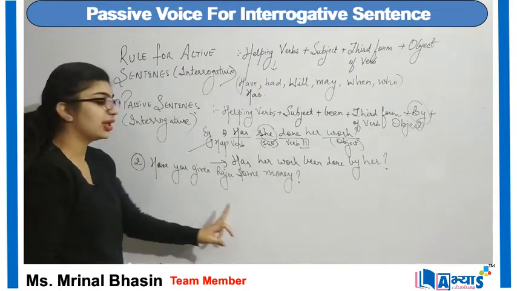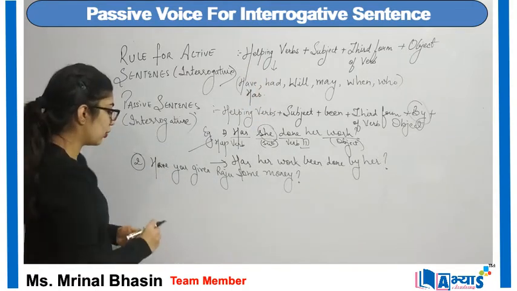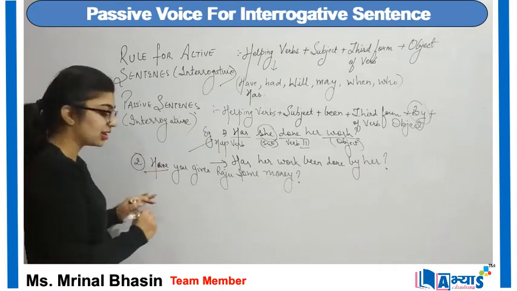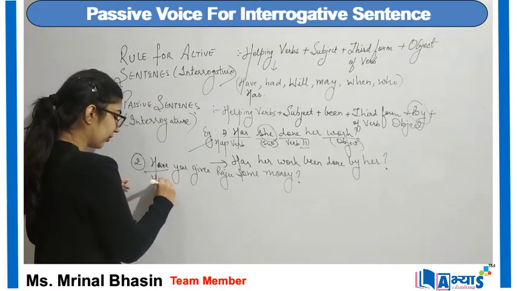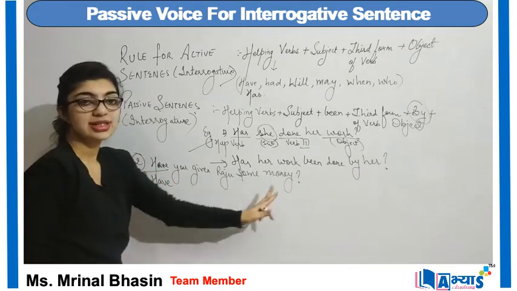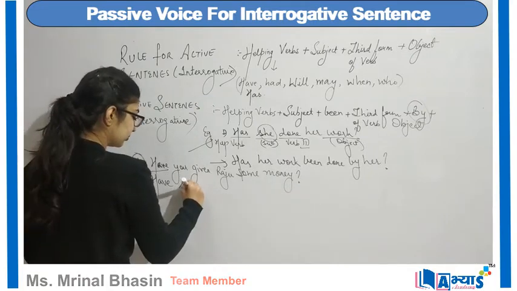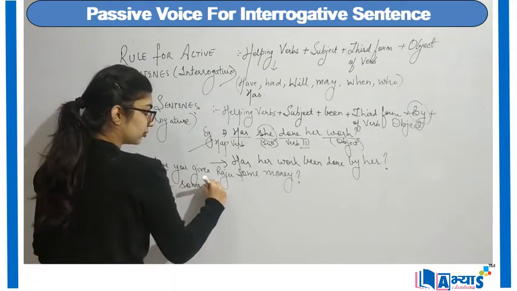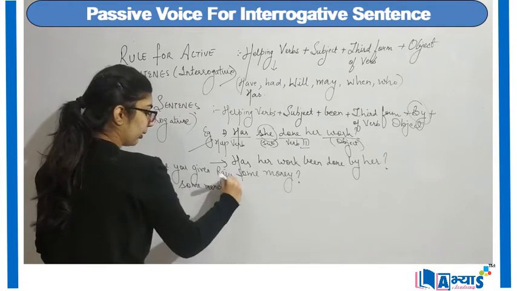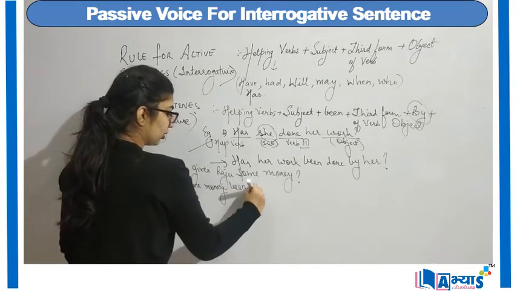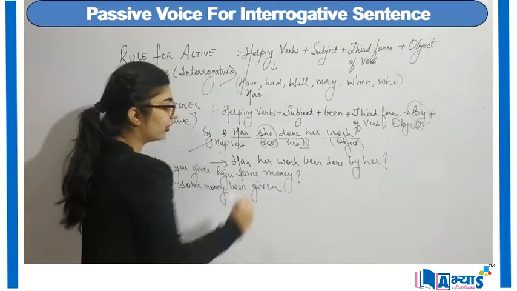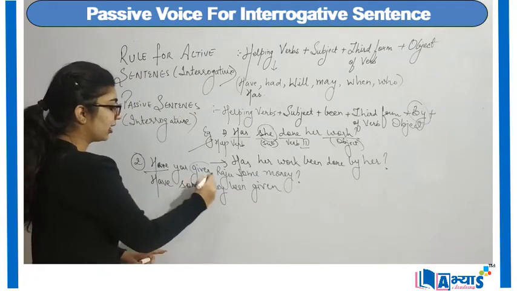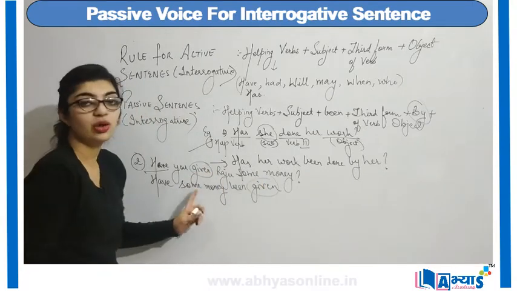I want to convert this into passive, so my helping verb will remain the same. Have some money been given? Here again we are noticing one thing, that my verb does not change.